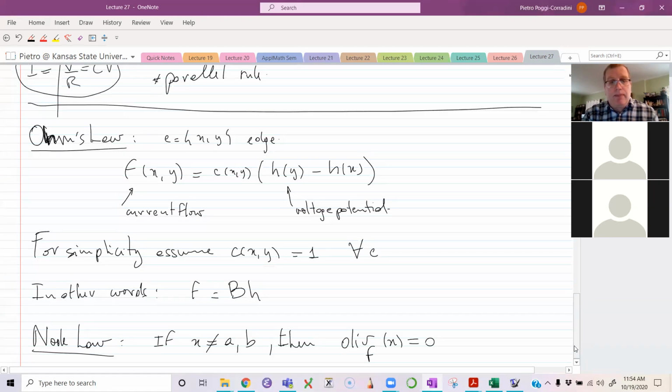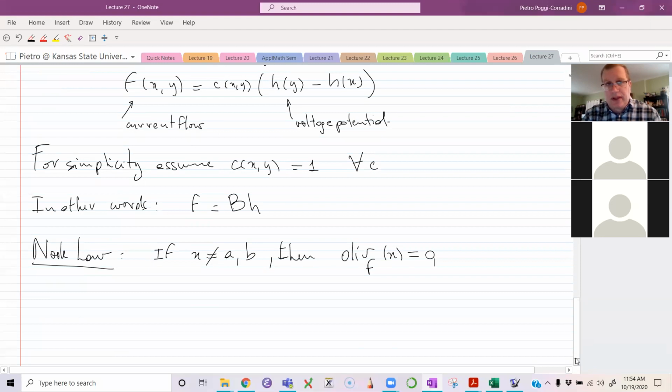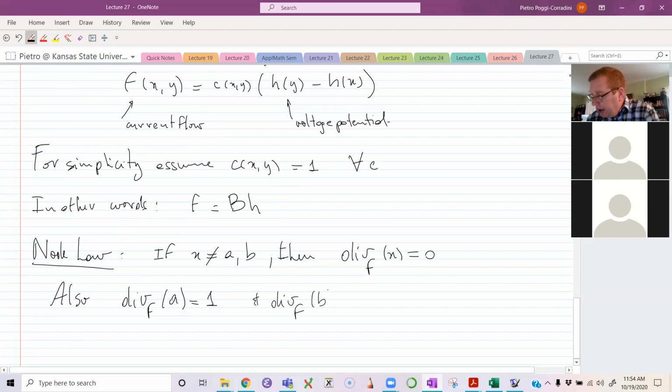So that's the node law, another feature of current flow. Also, because we impose that we want to push 1 ampere of current through, the divergence of F at A should be 1, and correspondingly, the divergence of F at B should be -1.